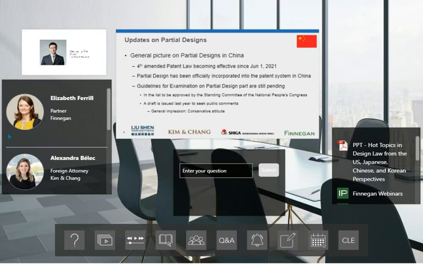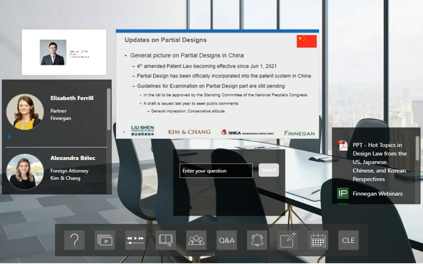But we hope that it is in the list for the final approval by the standing committee of the NPC. So we are expecting that the guideline for the examination and also the detailed regulations for partial design will be issued within this year, maybe before the end of this year. But we are still waiting for such guidelines.